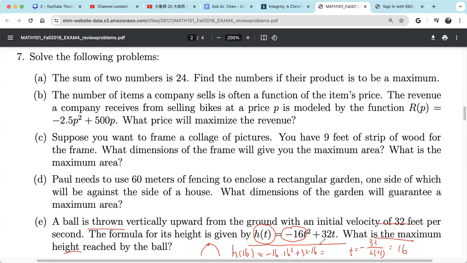So we see 16 here. We see 16 here. Maybe you can factor out 16. So factor out 16, I'm going to write here. Should we factor out negative 16? Yes, let's factor out negative 16. Negative 16, then the first one we're left with 16 squared, then minus 32.